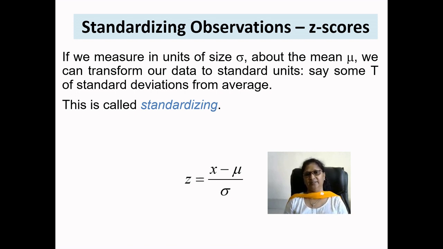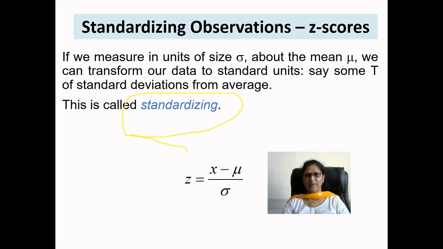Yes, they are related. If we measure in units the size, that is sigma, about the mean, that is mu, we can transform our data to standard units, say some number of standard deviations from average, and this is called standardizing. So we are trying to standardize our data, and for standardizing data, the formula which we are learning is used, which is x minus mu divided by sigma.